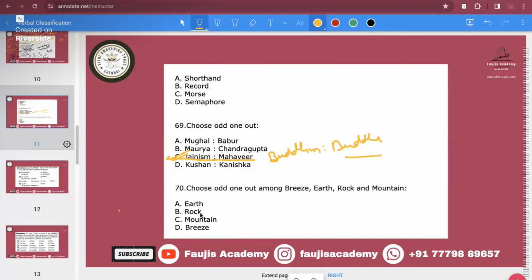Who's the odd one out among breeze, earth, rock, mountain? Good one. Mother Earth looks like this. Rock looks like this.